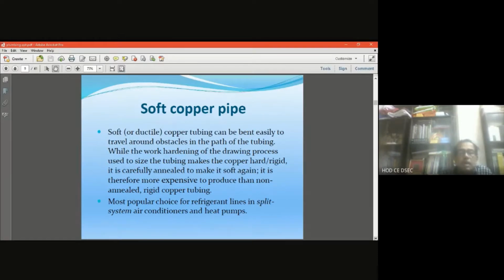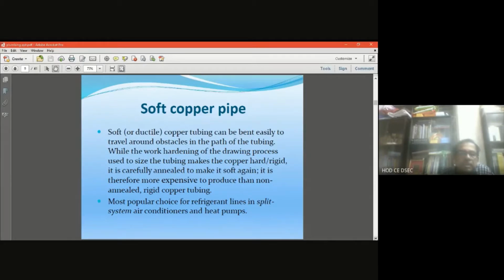While the work hardening of the drawing process used to size the tubing makes the copper hard and rigid, it is carefully annealed to make it soft again. It is therefore more expensive to produce than non-annealed rigid copper tubing. Now, it is the most popular choice for refrigerant lines in split system air conditioners and heat pumps.